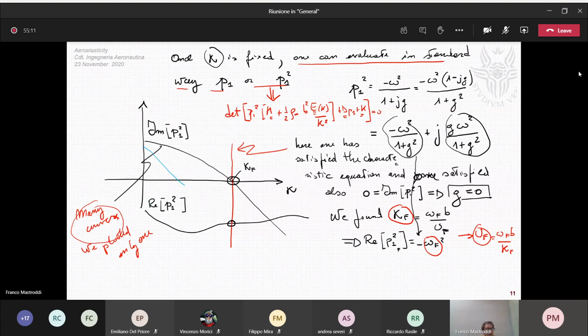You don't care about higher values of critical velocity. You are interested in the first one, the lowest one, as you can imagine. Here we have this with the related curves, for example the imaginary part of another pole, one, second, or the other.